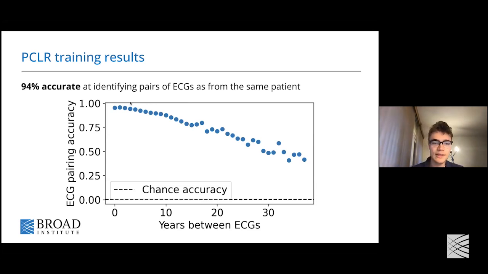And you can see that the accuracy does fall off as the ECGs get farther apart. And that's just because it's a much harder task as the ECGs get farther apart. Your heart is different when you're 35 versus when you're 55. But again, chance accuracy is almost zero. So even 50% accuracy is respectable.